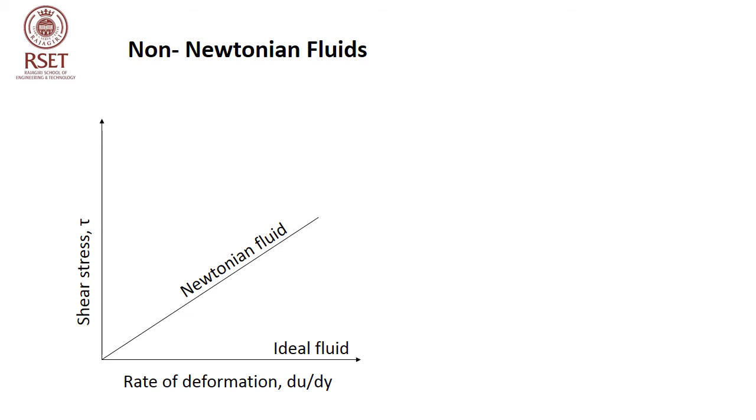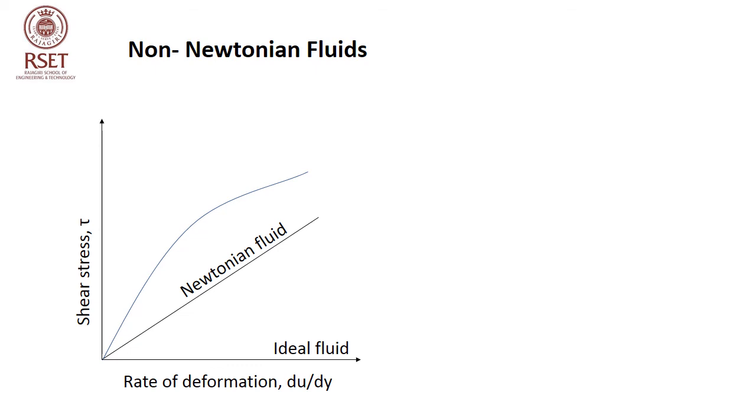Now we will take another option. If you take a plot like this, the shear stress to rate of shear strain plot, you can see that at the bottom part the slope is higher. As the rate of deformation varies, the slope becomes smaller.